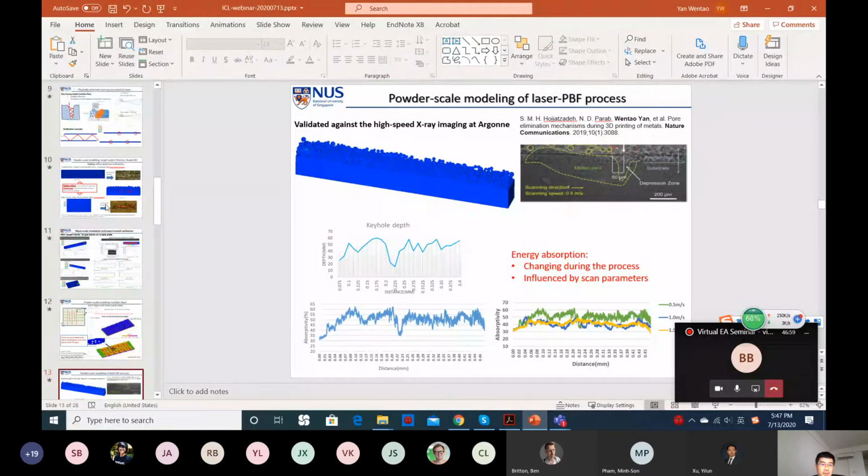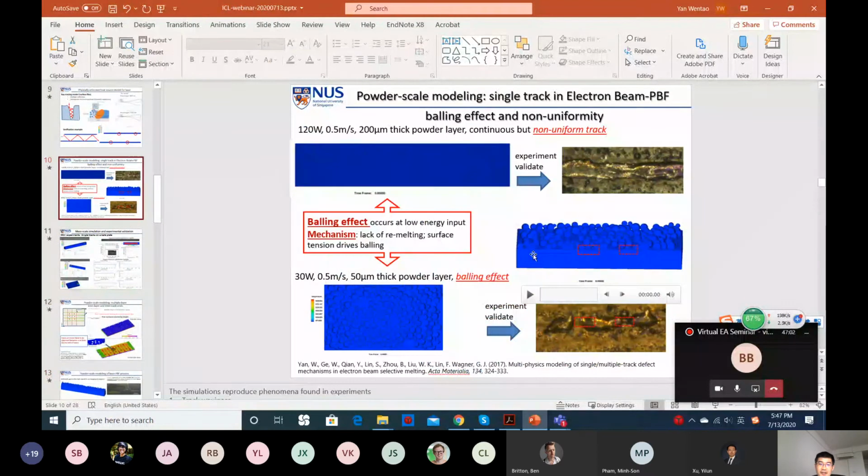But for the physical mechanisms or the explanations offered from our simulation, in experiments we cannot say through any observation that the physics is like this, right?